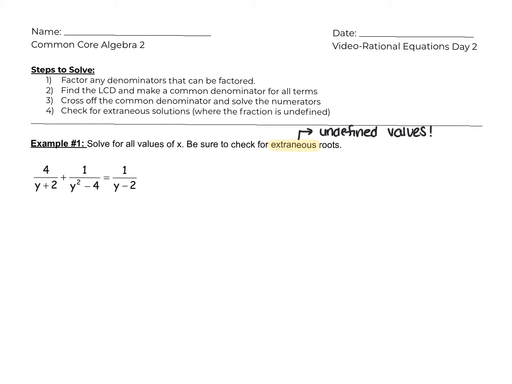So remember, to find the undefined values, we're going to set each of these denominators equal to 0 and we're going to solve. So we have y plus 2 equals 0, that first one right here. We're going to solve by subtracting 2 on both sides. We get y equals negative 2. Second one is y squared minus 4 equals 0.